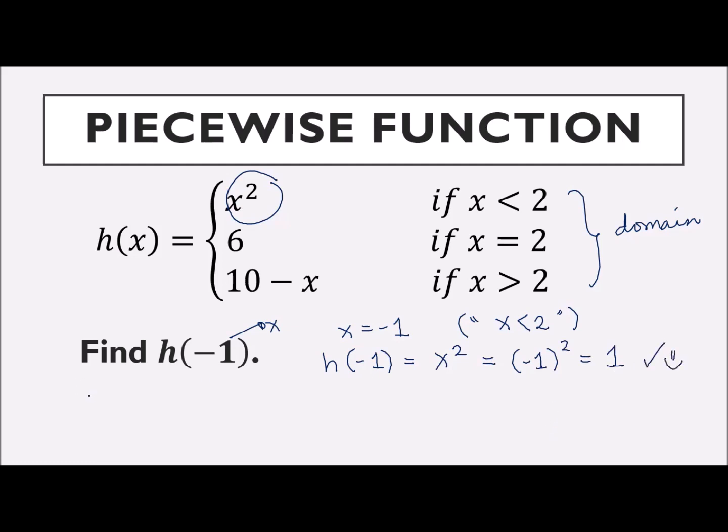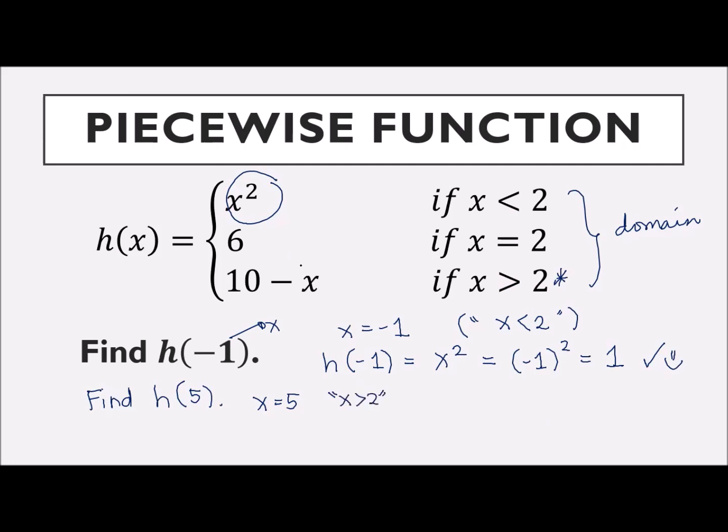Another one. Find h of, let's say, 5. Oh, ang x daw natin dito ay 5. Saan siya pasok dito sa domain? Okay? So, siya ay nandito sa may x is greater than 2. So, x is greater than 2.